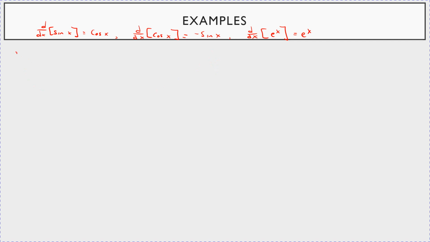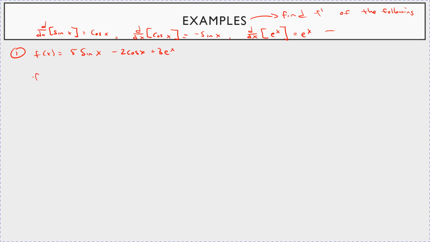All right, so let's find the derivative of this first, okay? And for these examples, find f prime of the following. So let's look at f of x is equal to 5 times sine of x minus 2 cosine of x plus 3 e to the x.